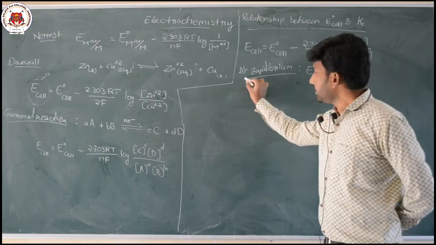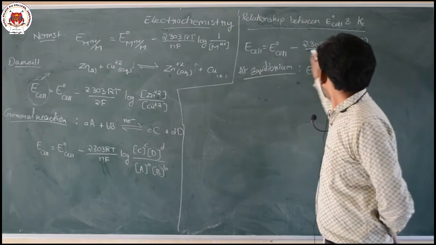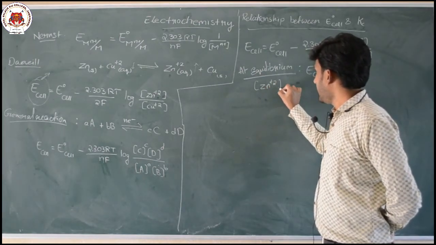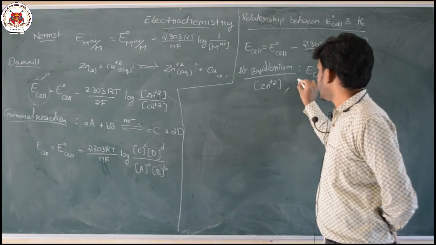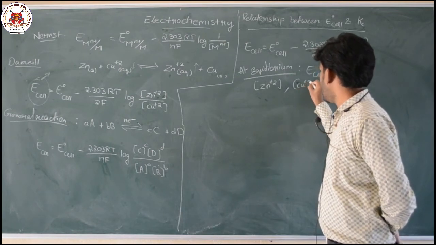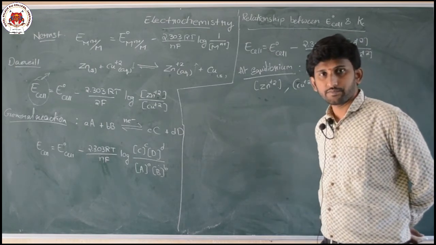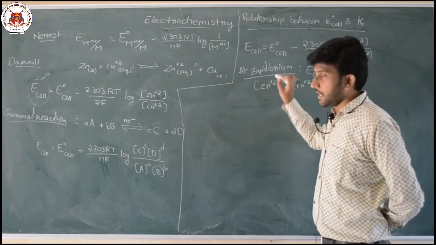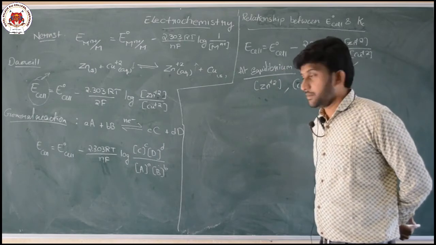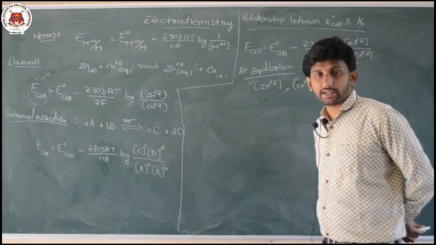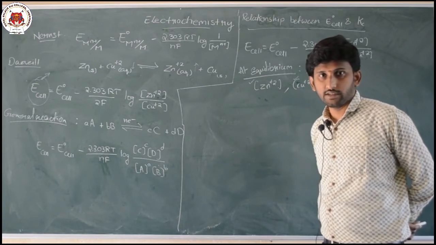And at equilibrium, the meaning is what? The concentration of Zn2+ and also the concentration of Cu2+ are nothing but equilibrium concentrations. At equilibrium, the concentration of products and the concentration of reactants remain constant, right?